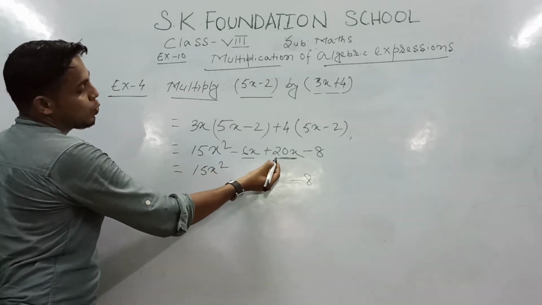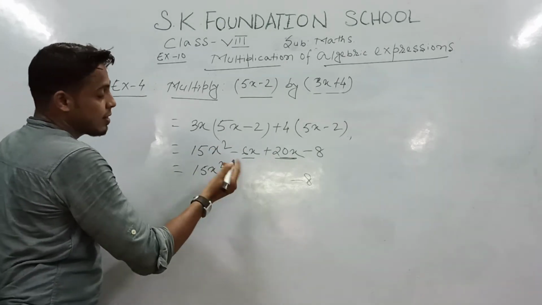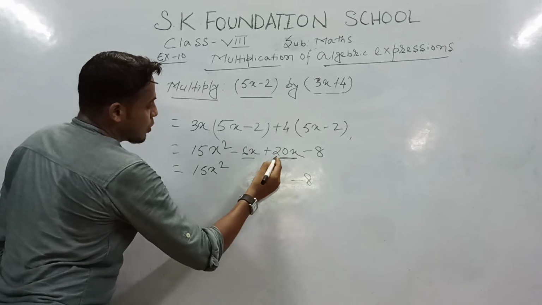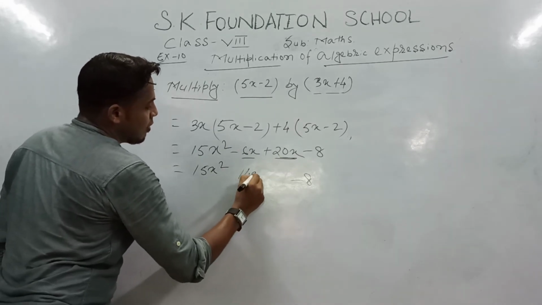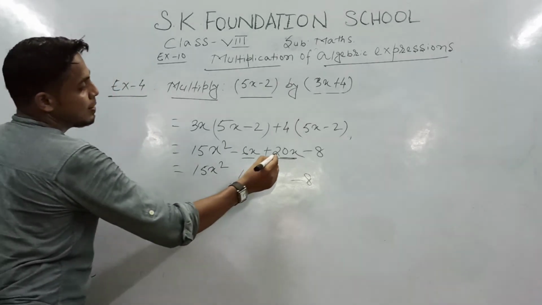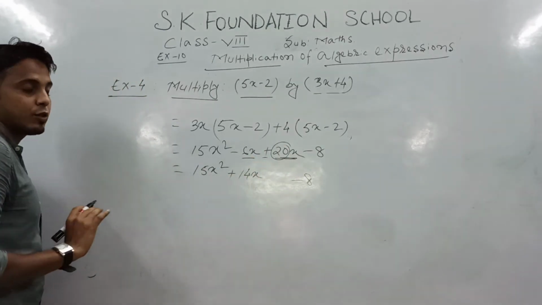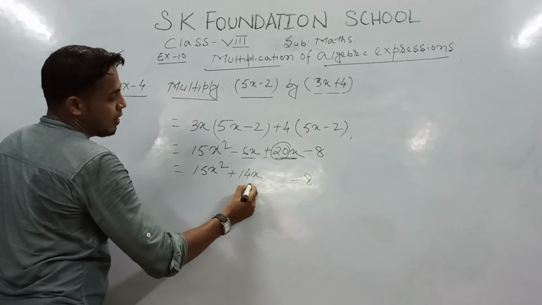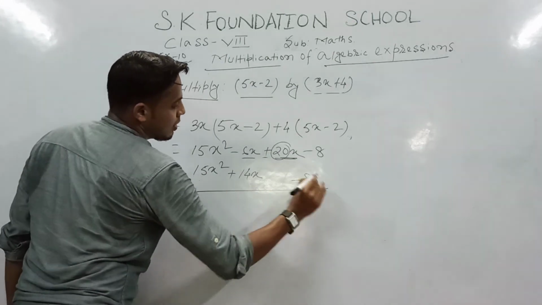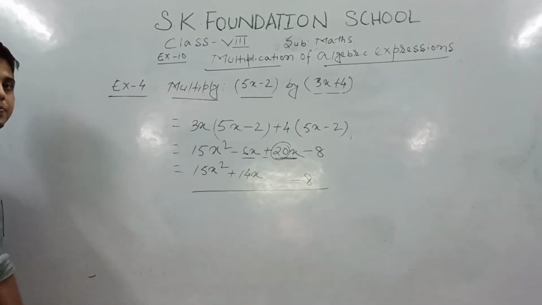So we subtract 20 and 6, so 20 minus 6 is 14x, and the larger number is 20. It contains plus sign, that's why I put here plus 14. So the overall answer is 15x square plus 14x minus 8. Okay, that is our answer. Understood?